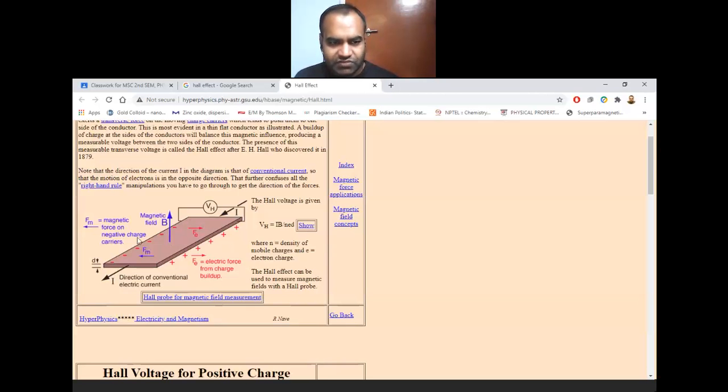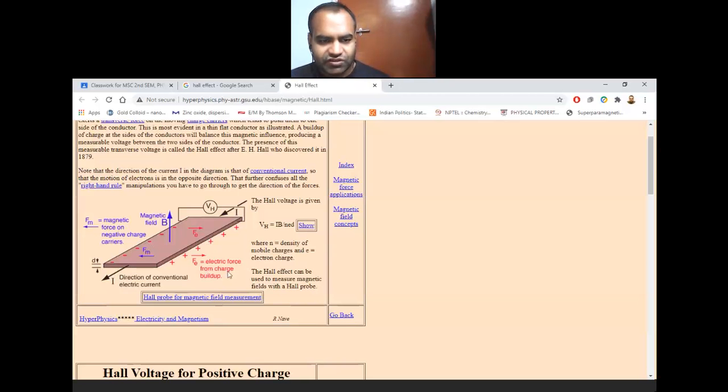This Lorentz force will separate the electrons from the holes. The negative charges will be separated from the positive charges, simply because of the Lorentz force due to the magnetic field.